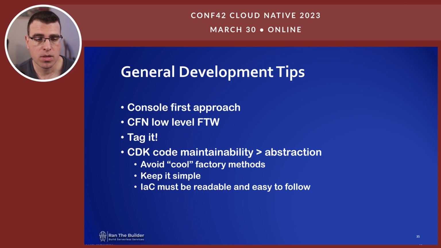The second tip is that sometimes the higher level constructs, the abstractions that CDK provides, do not expose all the configuration that you might need. Sometimes you need to use the lower abstraction, the CFN low level resources. They're less easy or fun to use, but they usually expose all the CloudFormation aspects and configuration, and you can use them to define pretty much whatever you want.